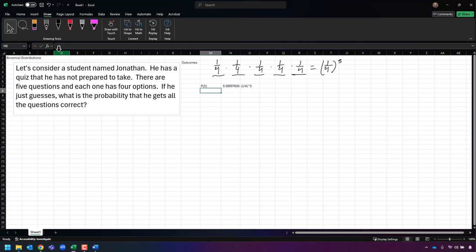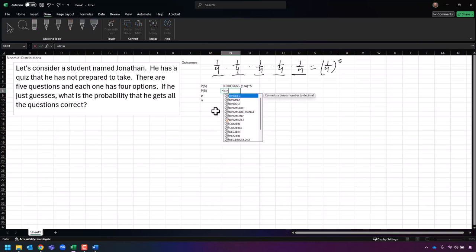Now, if we used our binomial distribution, we have the probability of success is 1 out of 4, or 0.25. The number of trials is 5. And for this one, it would be a BINOM.DIST.